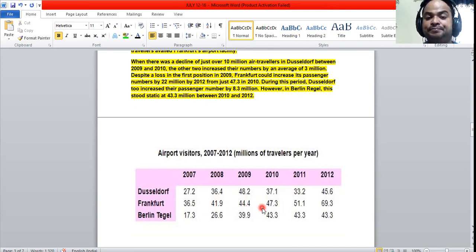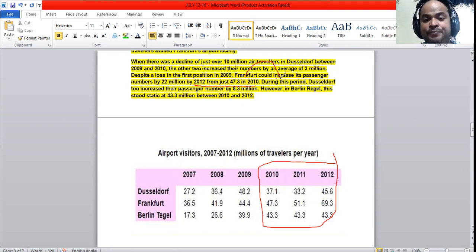Then you can say that it increased the passenger numbers from this point to this point. During this period, so what is the period here? We do have a different period here. During this period, this is the period.